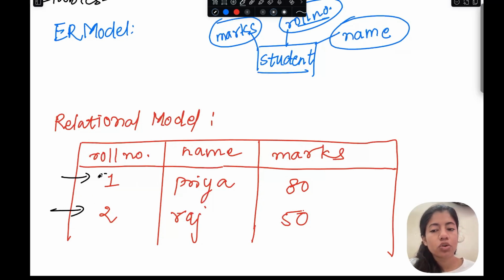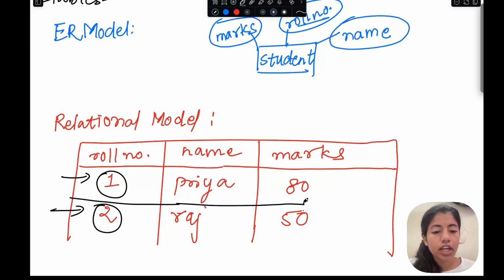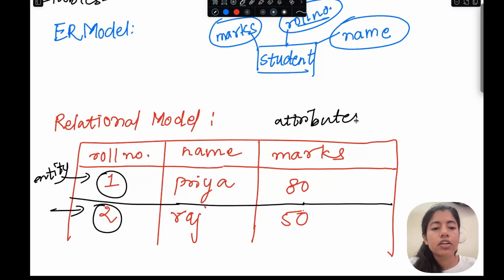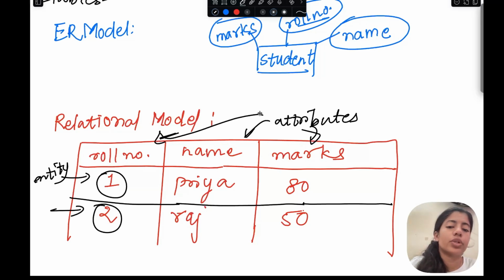With the help of the roll number, you are uniquely able to identify these entities. So in the relational model, each row defines a particular entity. These three values, roll number 1, Priya, and 80, are used to describe that particular student. So each row corresponds to an entity, and each column corresponds to an attribute. I think we are clear on the structure of a table.